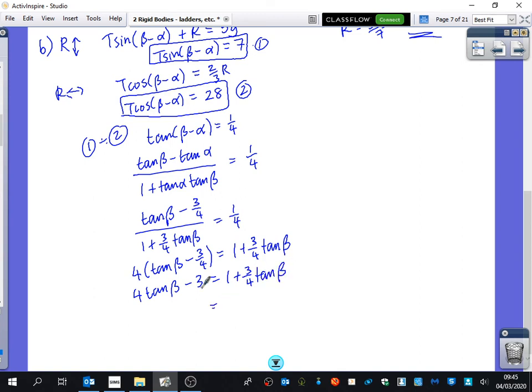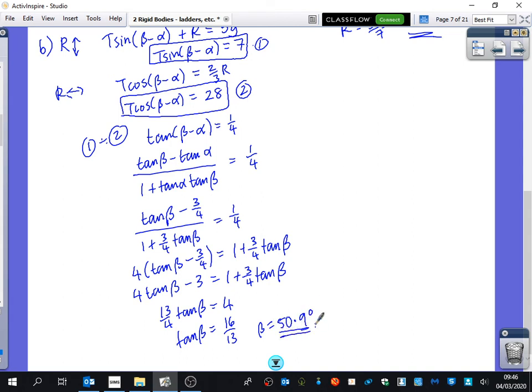So when I rearrange this and I add the 3 to that side to get 4, 4 minus 3/4, my brain is not up for any maths right now. So you get 13/4 tan beta. So tan beta is 16 over 13. And then you can do the inverse tan of 16 over 13, which is beta is 50.9 degrees, okay?